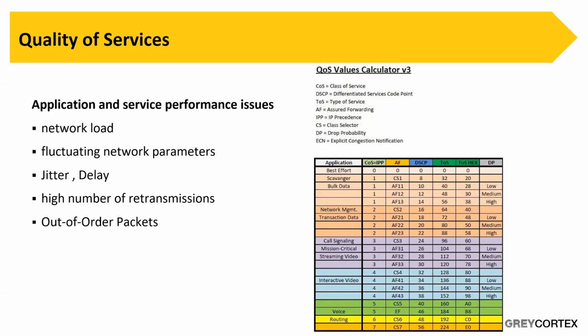So you can see the type of service value for interactive video, for example, for high priority is 152, while the DSCP value is 38, and the AF abbreviation is AF41. Basically, it all means the same, but it's using another kind of priority parameter in the configuration.